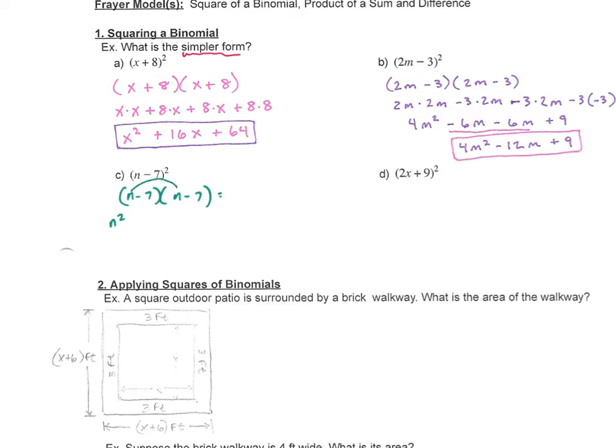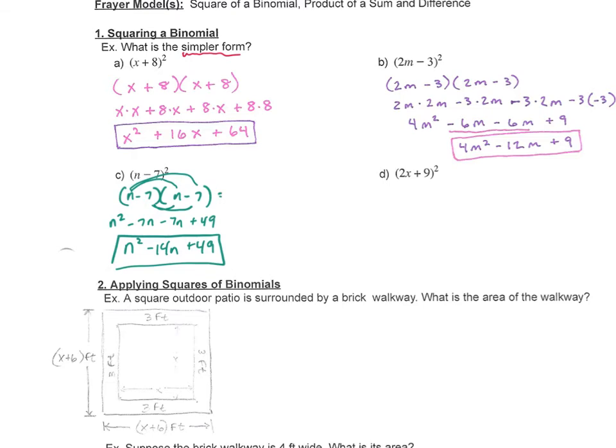Then our outers, n times negative 7, so that would be minus 7n. Our inside is negative 7 times n. And our last is negative 7 times negative 7, which is a positive 49. Combining like terms, we have n squared minus 14n plus 49. And there you go, we have been able to do that.